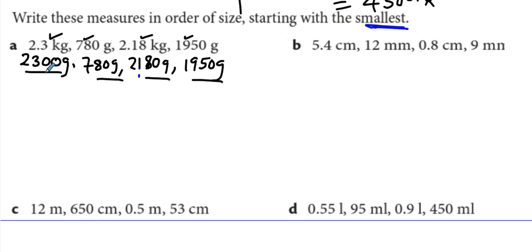We have 2300 gram. Okay, 2300 gram. We have 750 gram. We have 2180 gram, and we have 1950. So the smallest is 750 gram.